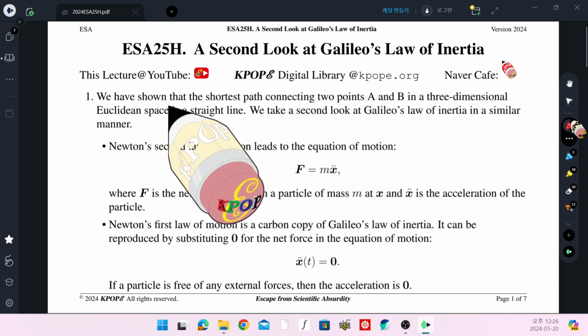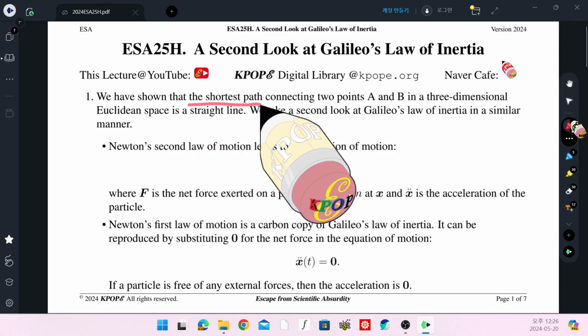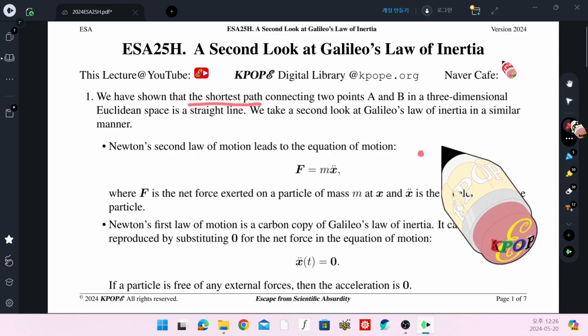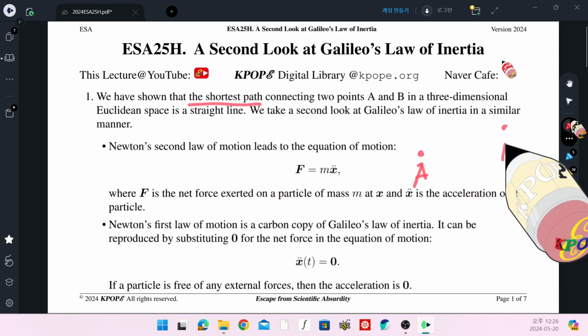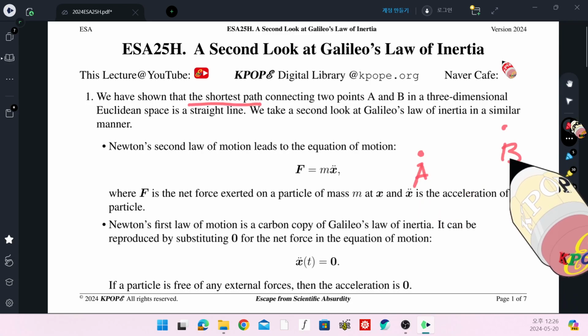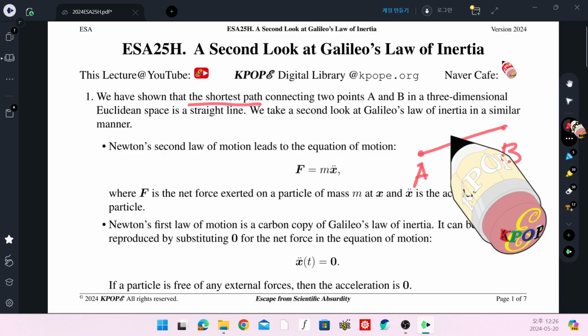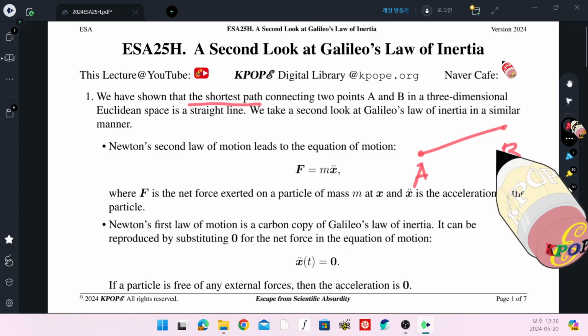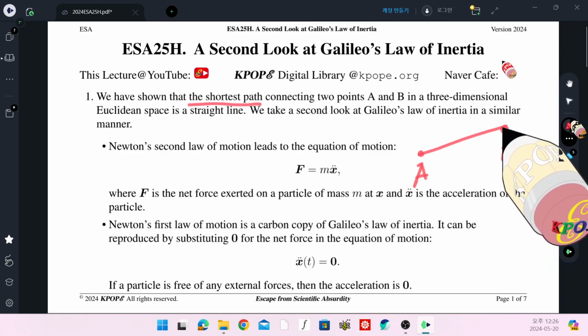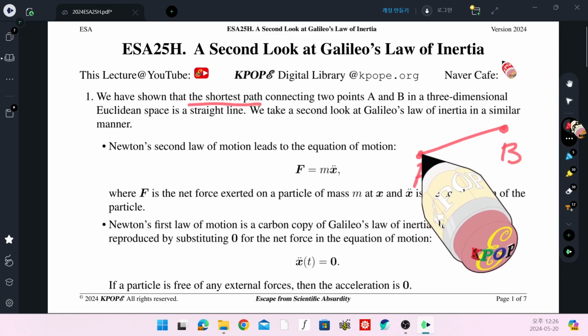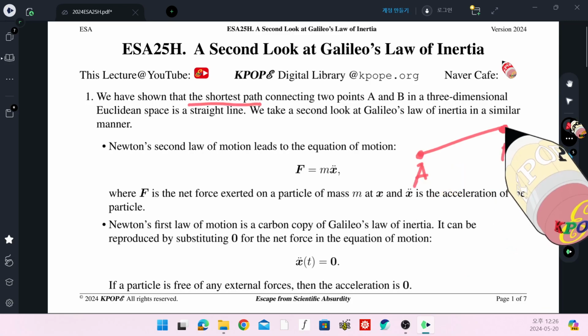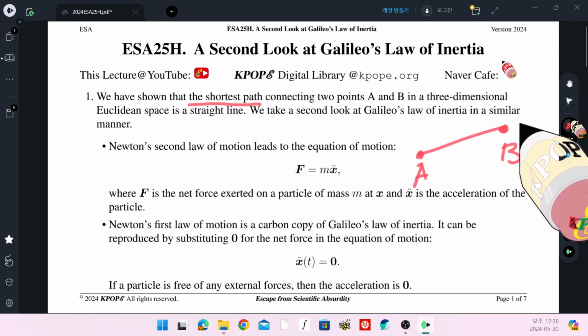We have shown that the shortest path connecting two points A and B in a three-dimensional Euclidean space is nothing but a straight line. And the proof involved a new mathematical technique called calculus of variation, developed by Euler and Lagrange.